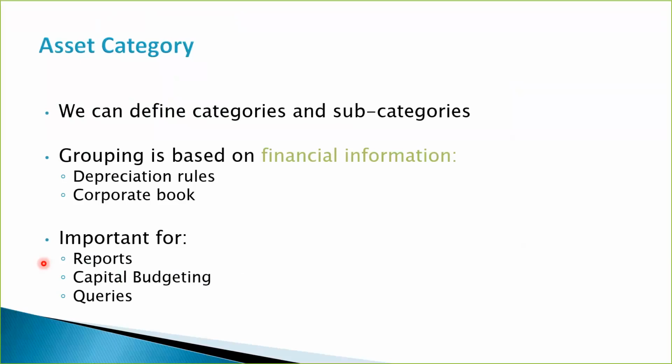And of course, you can use it for queries. You can query assets under a certain category, all right? So that is the first way we can group assets by category, and as I've said, we can say it's the major way of grouping because it is mandatory, all right?